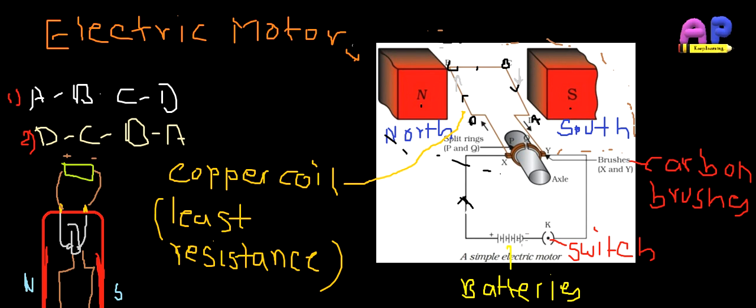So I will switch the terminals of the cell, through which the current will move in exactly the opposite direction. Now all the things will be vice versa. This arm will be pushed upwards, this will go down, and the motor will start rotating this way, which was actually rotating that way.